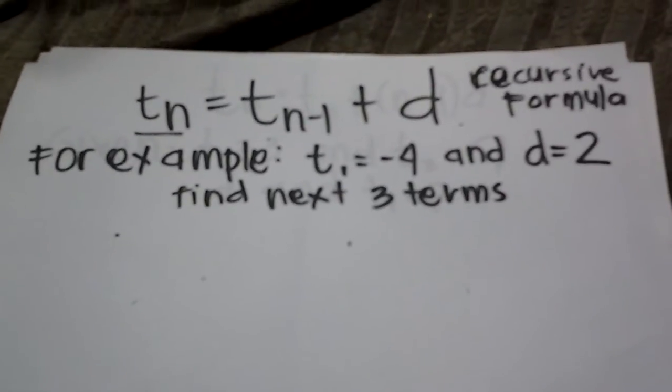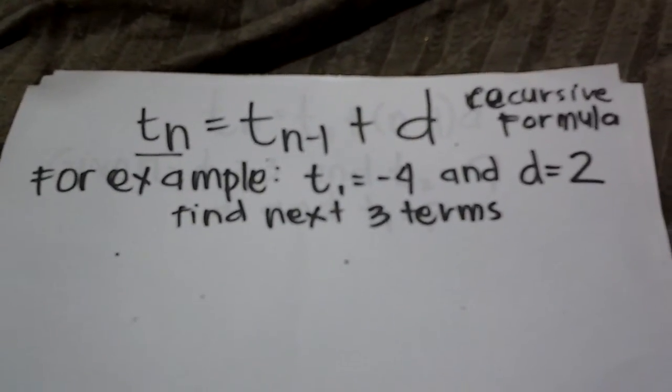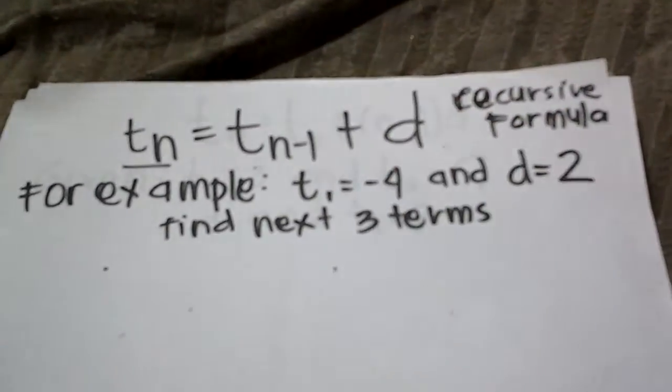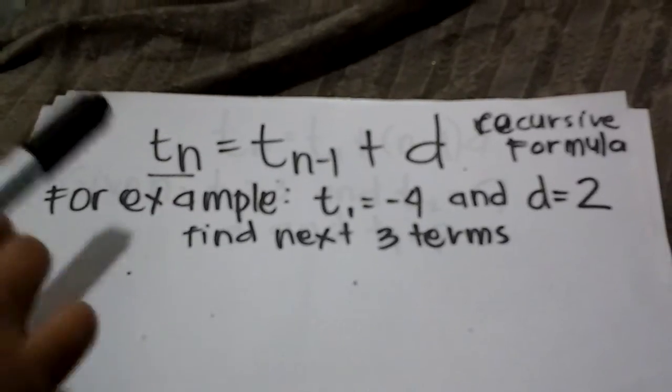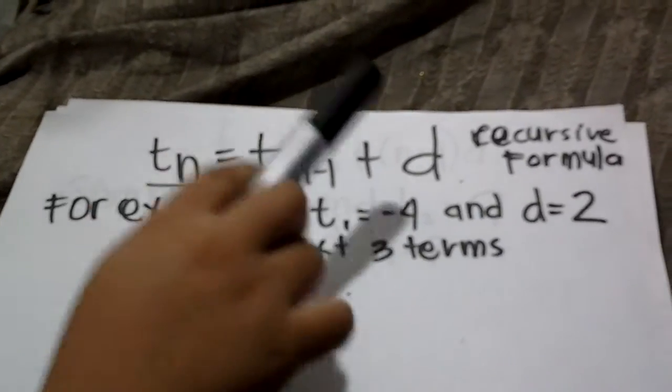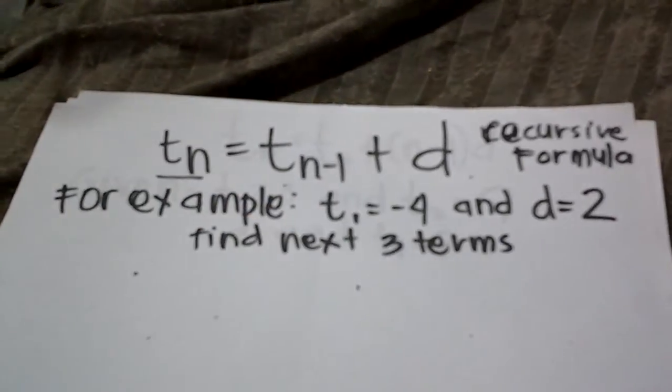The first one is the recursive formula, represented by the equation t sub n is equal to t sub n minus 1 plus d.